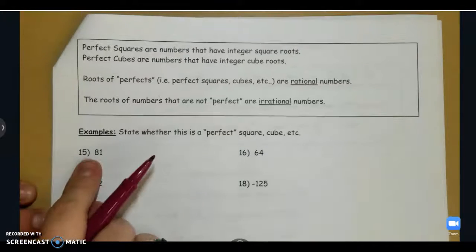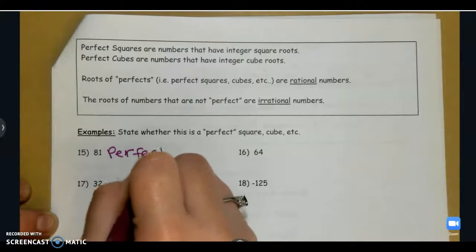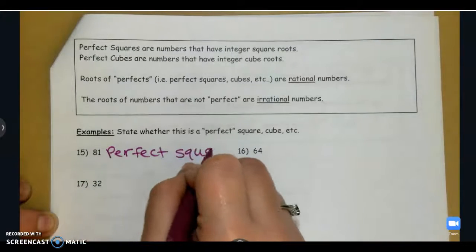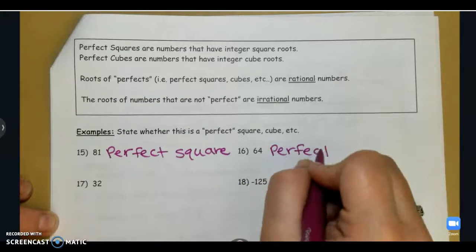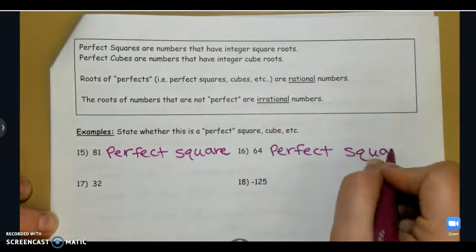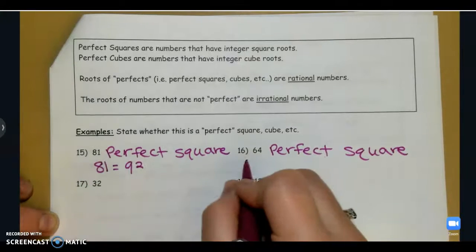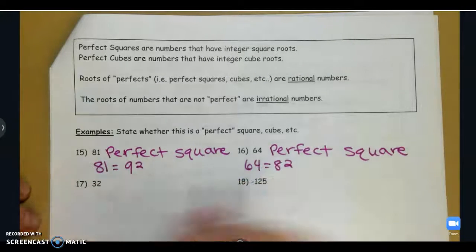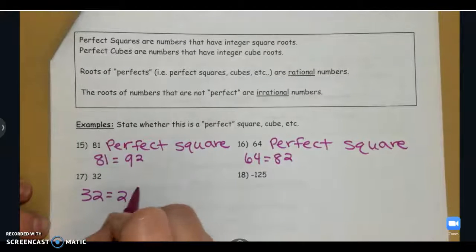So 81 is a perfect square. We know that that is 9 squared. 64 is a perfect square. We know that that is 8 squared, so I'm going to write that down here. 81 is 9 squared. 64 is 8 squared. Now 32. 32 is actually 2 to the 5th power.